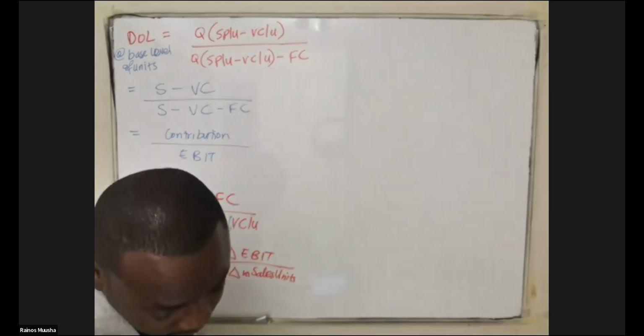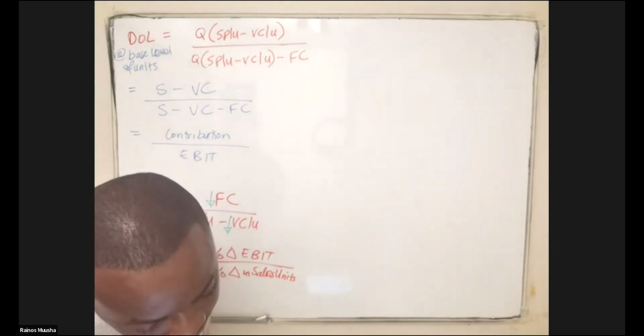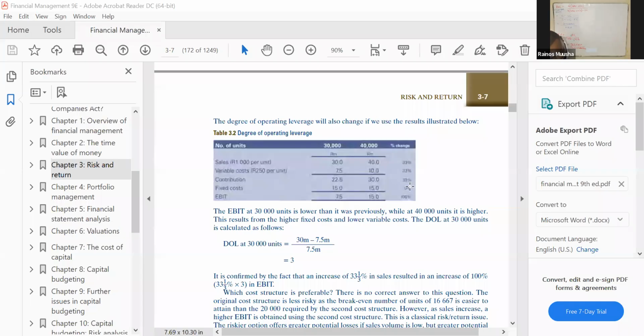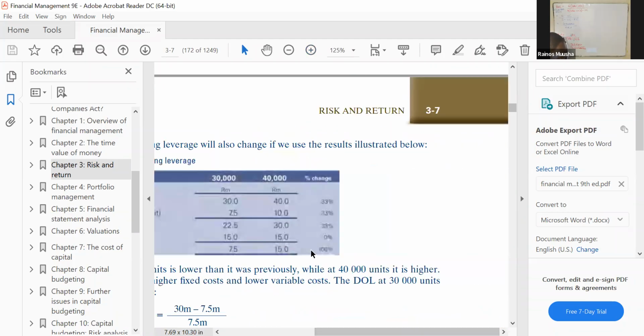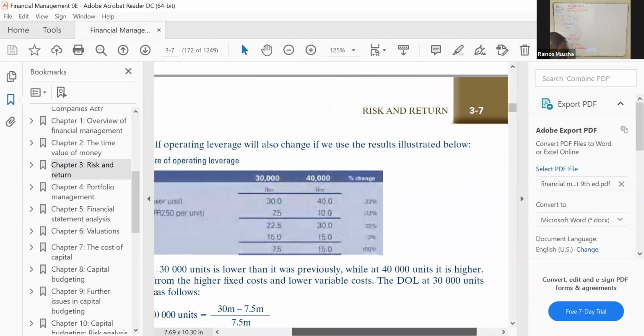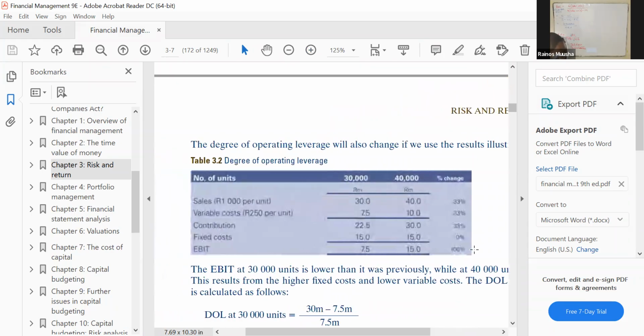If you look at the example that they give us there, remember they said your sales in number of units increased from 30,000 units to 40,000 units. So it's a 33% increase in sales.